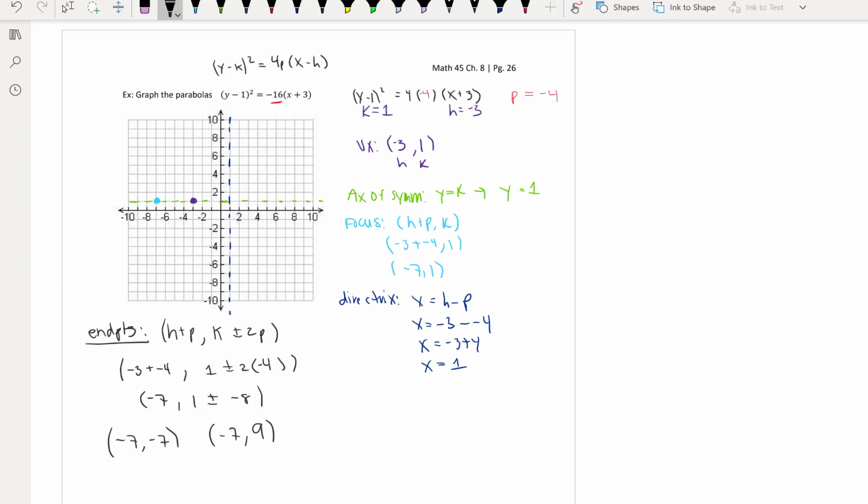So I have -7, -7, and I have -7, +9. So I know that the parabola goes through those endpoints. So that is what my graph is going to look like.